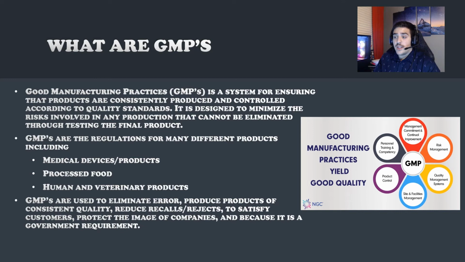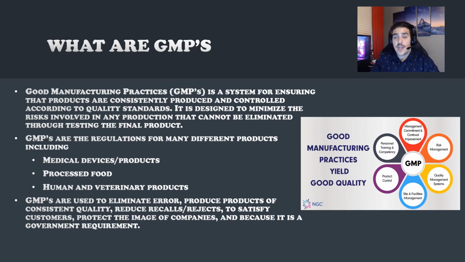GMPs are the regulations for many different products, including medical devices or products, processed food, human and veterinary products. You could have GMPs in canned food such as soup, all the way to medical cream for a rash or something along the lines of anything like that.